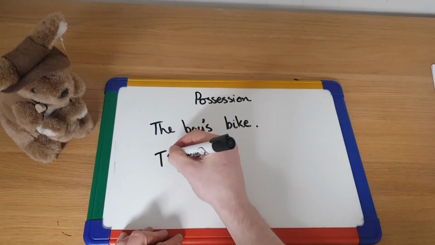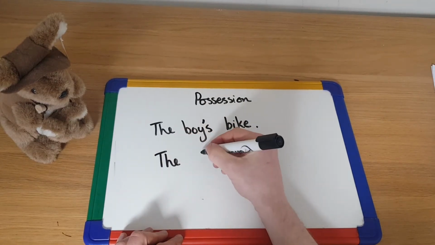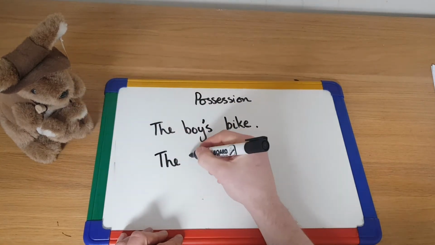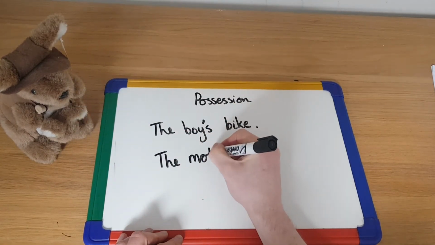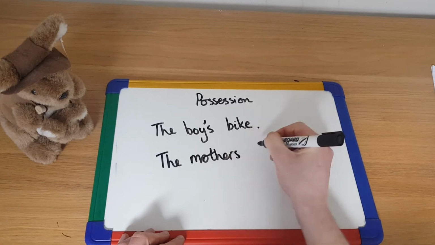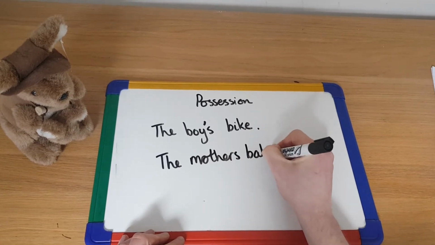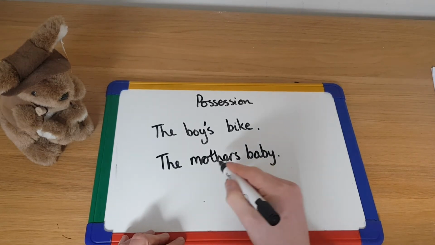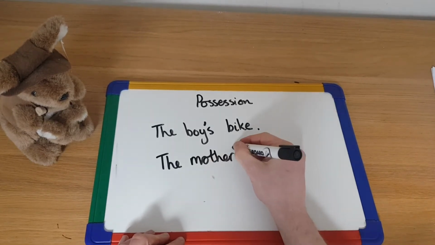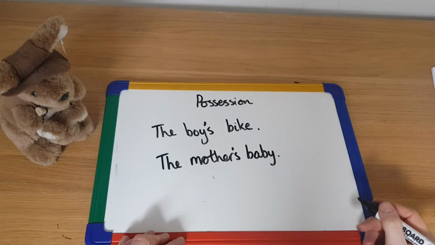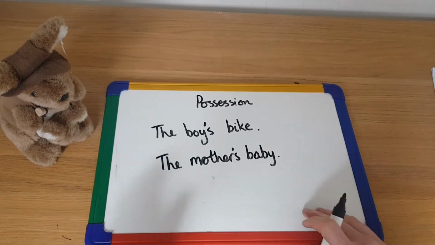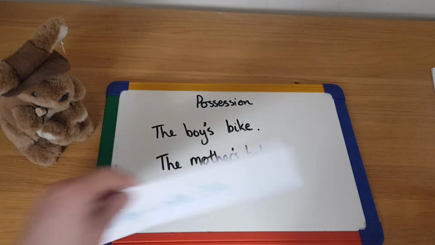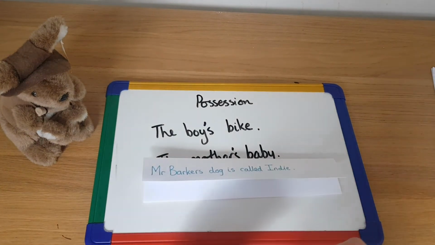Let's say the mother's baby. Where I want to say that the baby is owned by the mother, we will say mother's baby. So that is a quick way of showing you what possession is like, but then we've got this problem here.